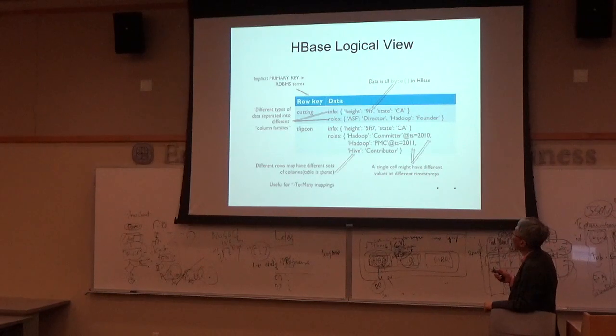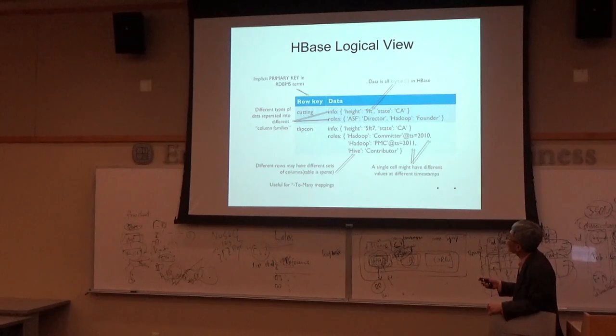So when we create this employee table, we create the info column family and the roles column family. That's it. Then when we insert the data, Cutting is the key. For the info column family, we create the height and state, two columns in this case. For the roles, ASF and Hadoop, the two columns.